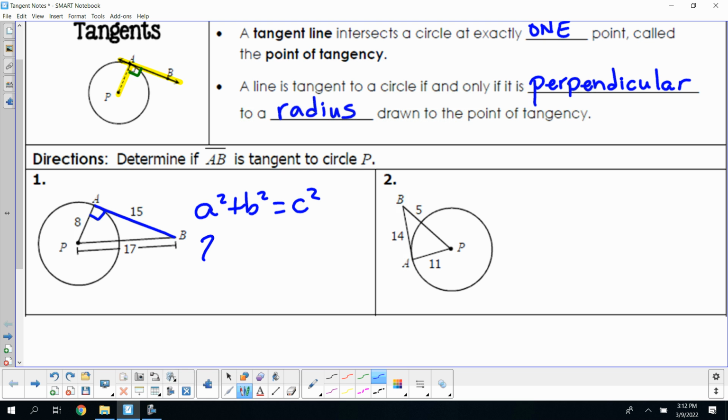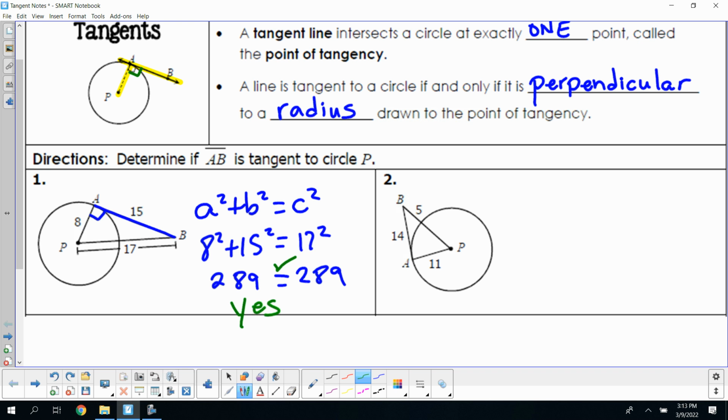So we're going to say 8 squared plus 15 squared should equal 17 squared if this is a true tangent to this circle. 8 squared plus 15 squared is 289, and 17 squared is also 289. So yes, that is a true statement. So yes, line AB is tangent to circle P.